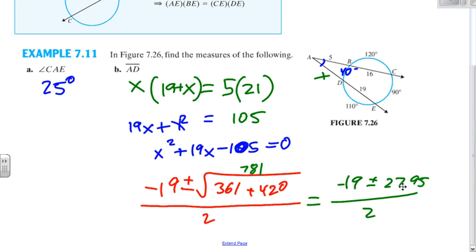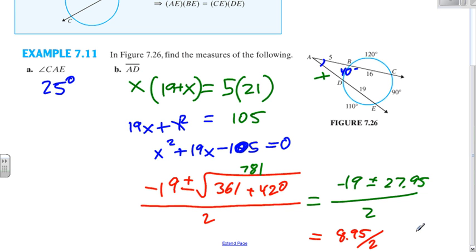So if we subtracted, we get a negative answer. It's a distance, it's a length, so we can't get a negative answer. So the negative answer can be thrown away. So negative 19 plus 27.5 is 8.95.